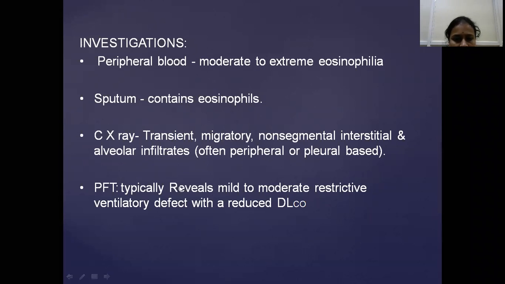PFT shows a restrictive ventilatory defect. Mainly, these are pulmonary eosinophilias with peripheral blood eosinophilia and pulmonary lesions. These are often peripheral. All pulmonary eosinophilias commonly involve peripherally located infiltrates, most commonly bilateral lesions.